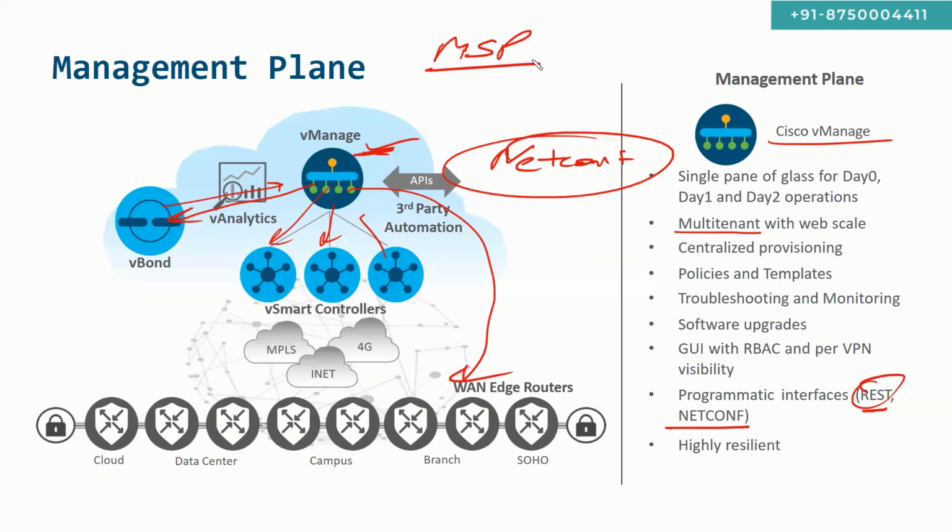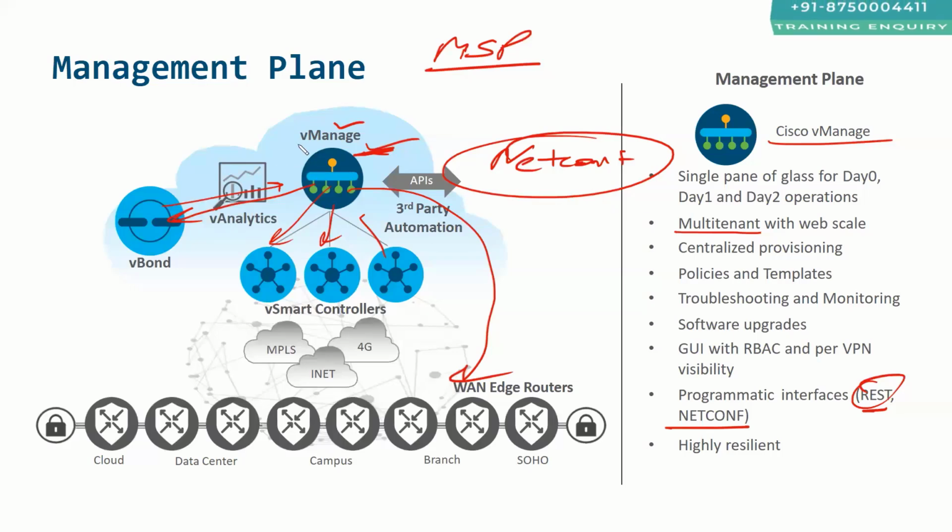So all these MSPs are providing SD-WAN solutions to their customers. Sometimes there will be customers who are not really able to manage, or can't bear the cost of the vManage, because vManage is the component that uses the most hardware resources.